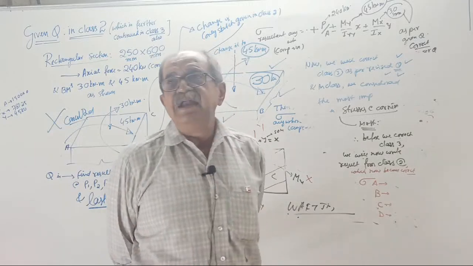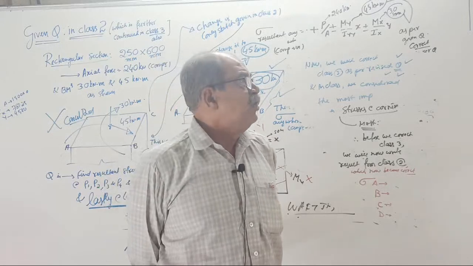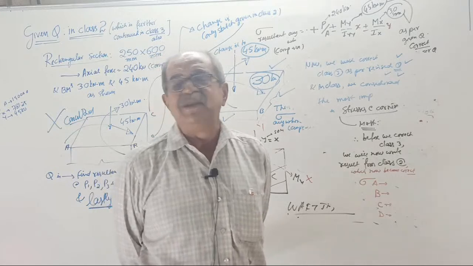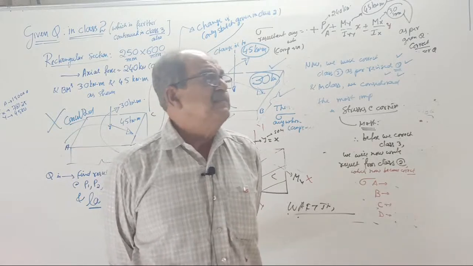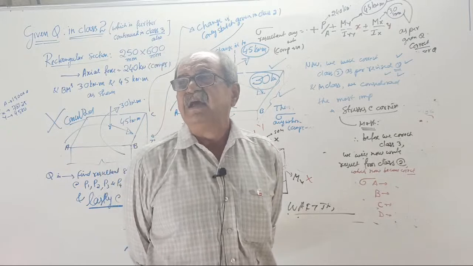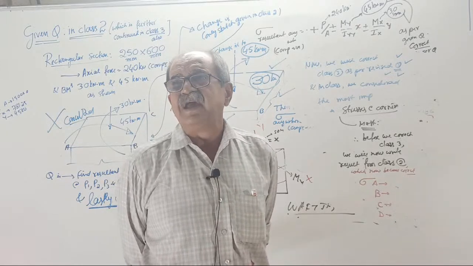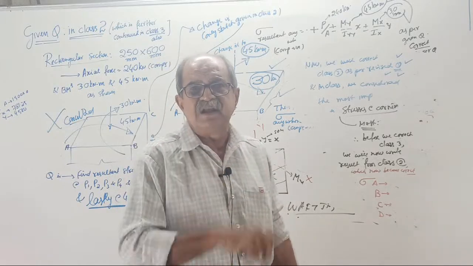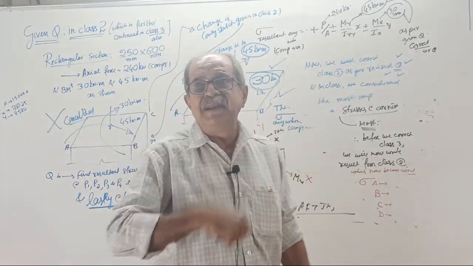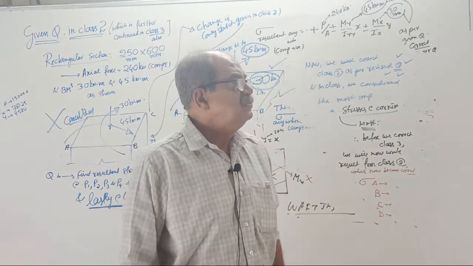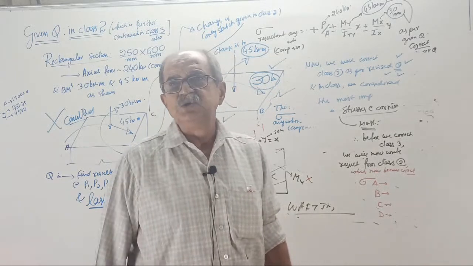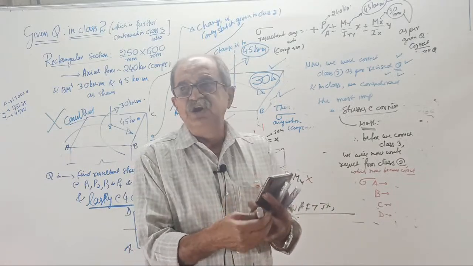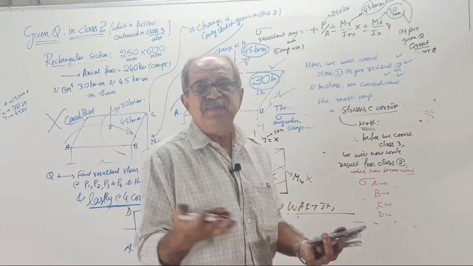Take an indeterminate structure: consistent deformation method, strain energy method, column analogy method, moment area, slope deflection method, moment distribution method, Kani's method, matrix method, or flexibility method, any method you take. Every question should give the same answer, not even a micro millimeter difference. In my class no question has the courage to give a different answer, because I am always correct.